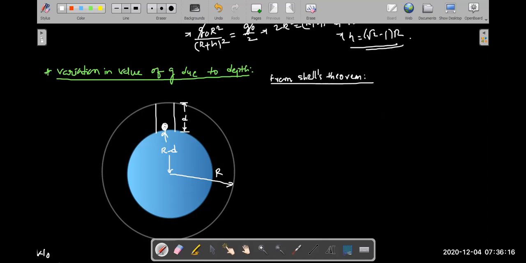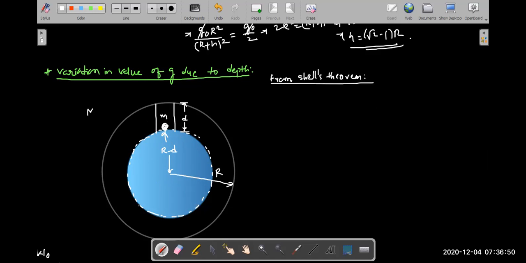Now this Shell's theorem says that only the mass inside this part can influence the mass present over here. So anything outside this shell cannot influence it. Did you get the logic? Only the blue part can influence the mass m placed over here.